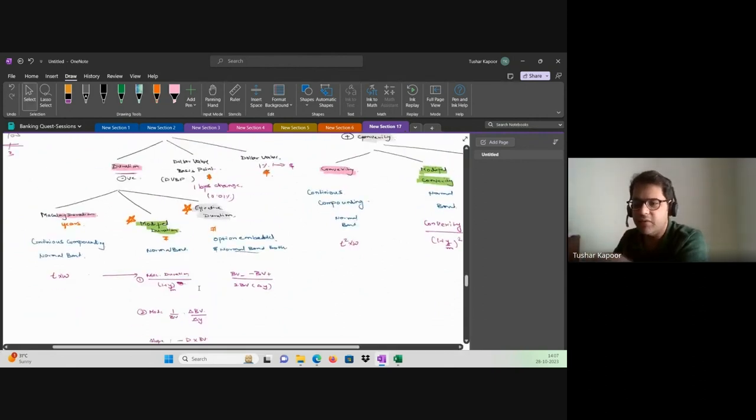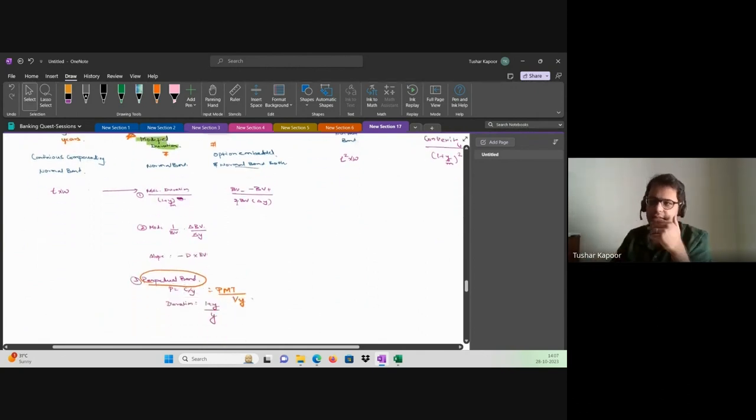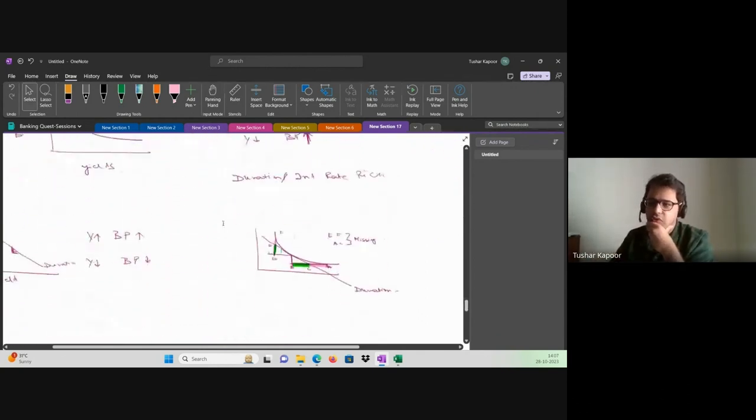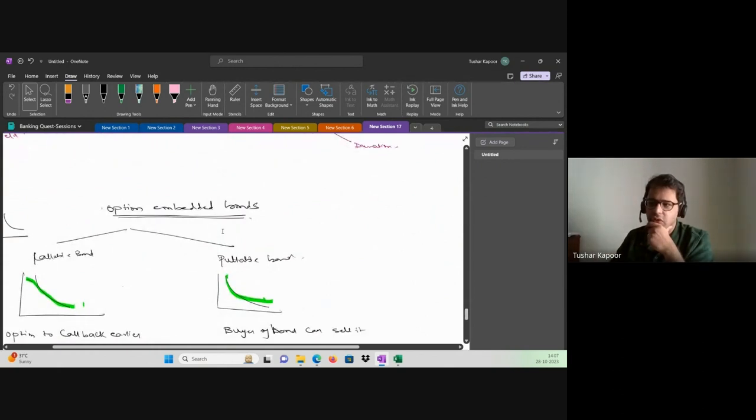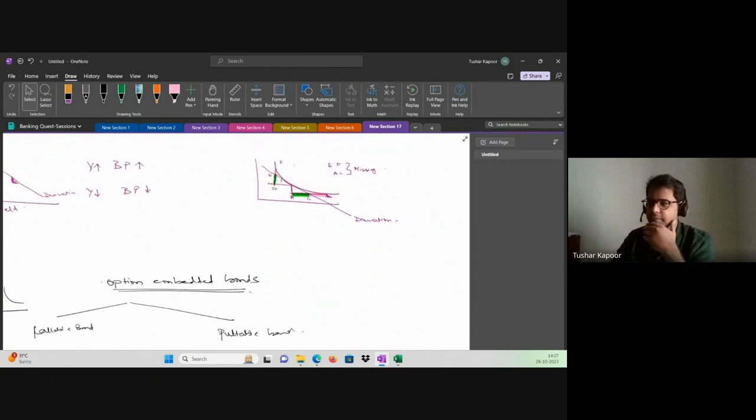The third is the effective duration technique, which is saying that things are not actually true for an option free bond against an option embedded bond, because option embedded bond curves have different kinds of shapes and they're not truly like this kind of a shape.